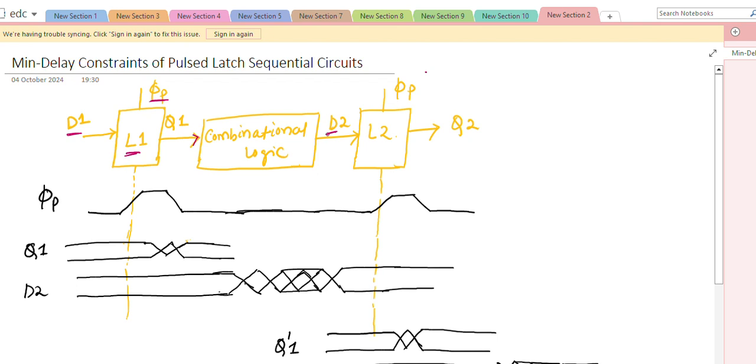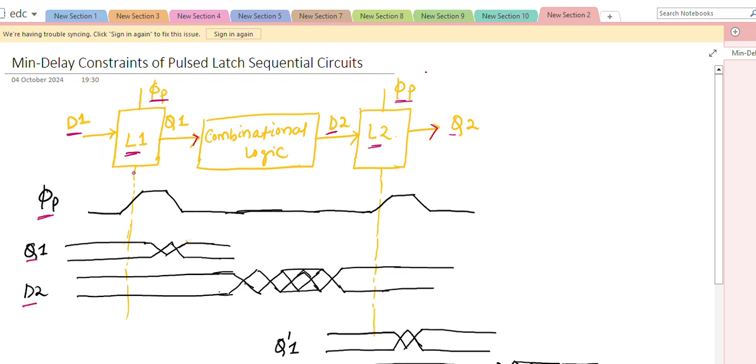That is given as input to the second stage latch L2, which has the same pulse signal φP. Now we get the output Q2. Again Q2 will be given to the next stage, and the same thing will be repeated. So already I have drawn the pulsed latch clock signal φP, the first output Q1, then D2.